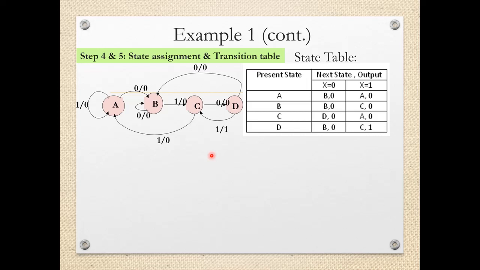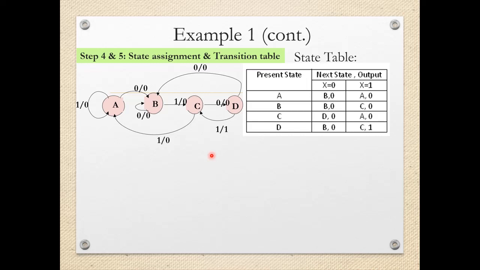So present state and this input will determine the next state. For example, when I am in state A, we have to follow this particular column. So when the present state is A, the input may be 0 or 1. So 2 columns are there. If 0, go to state B with output 0. So the same thing is written over here.